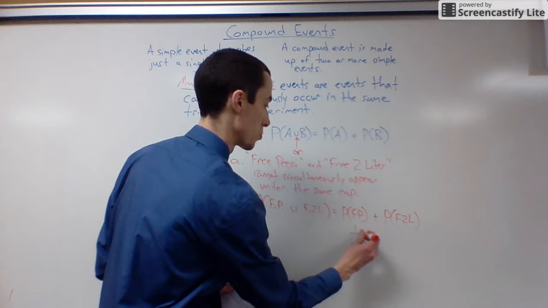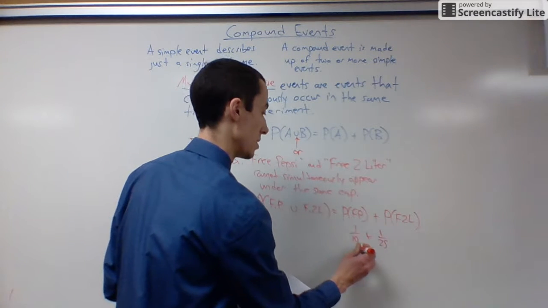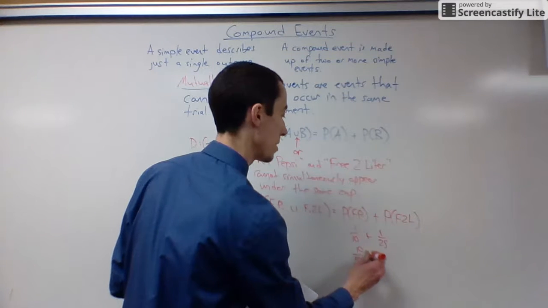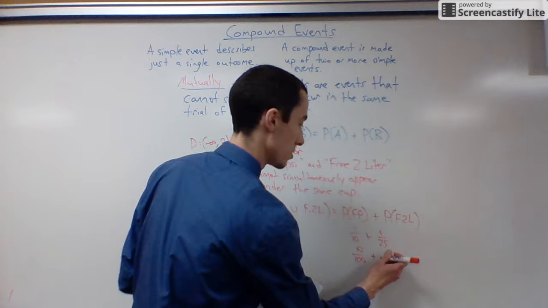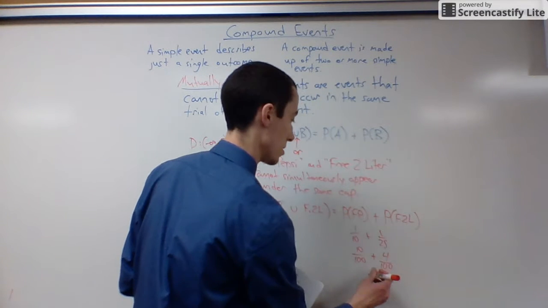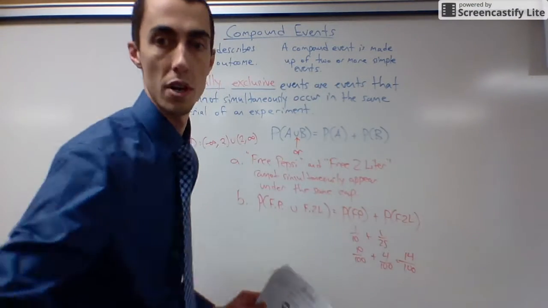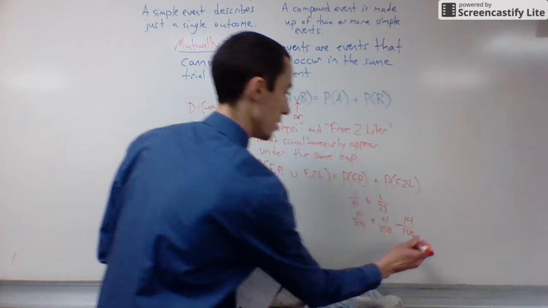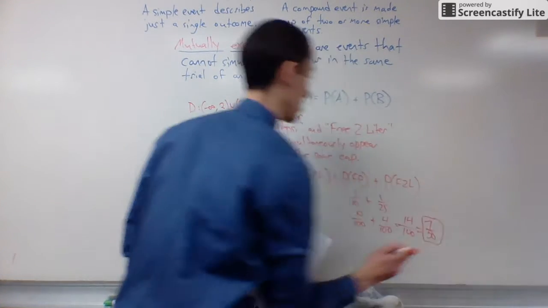And that probability was 1 in 10 plus 1 in 25. Let's get common denominators. We could use 50 instead of 100, but I'll just use 100 here. So this would equal 14 over 100, or 7/50ths.